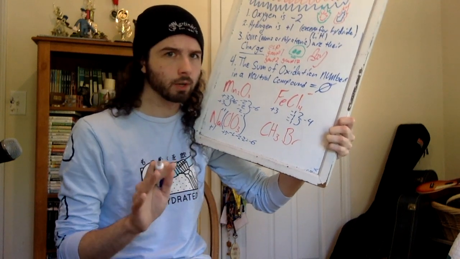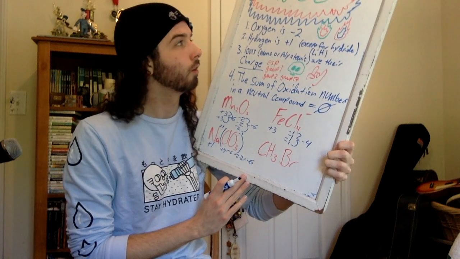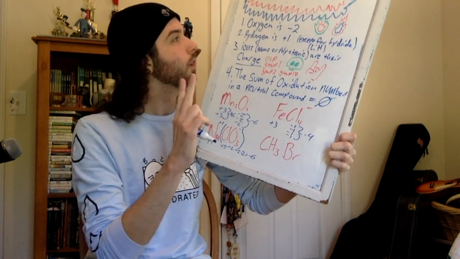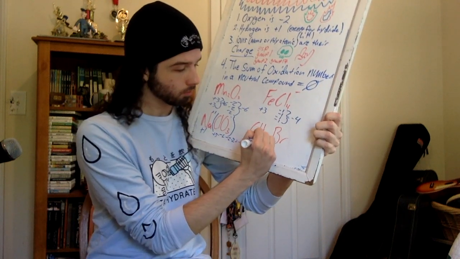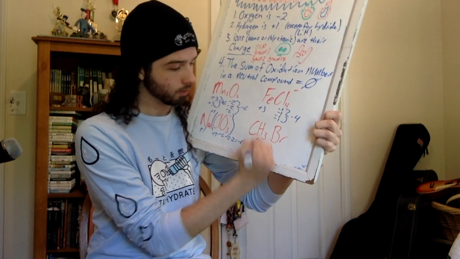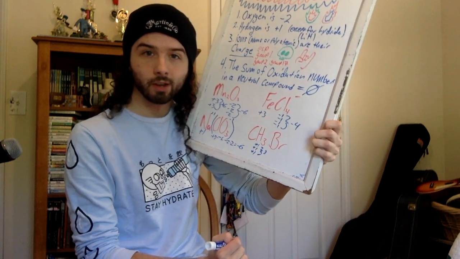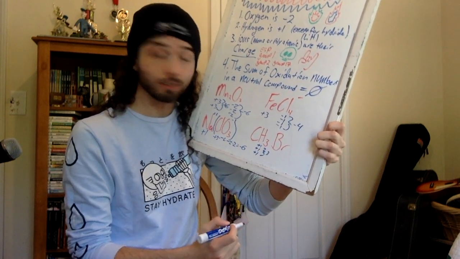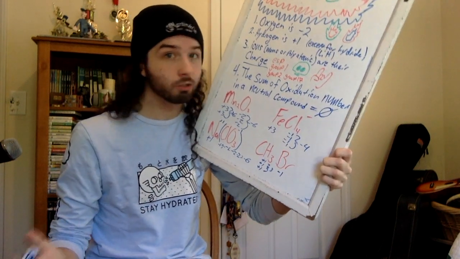Last one, CH3Br, a weird example. Let's see if we can figure it out. From our rules, we have 2 elements that we know. Let's start with our hydrogens. We have 3 hydrogens, so we get a +1, a +1, and a +1. All together, quick math, that's +3. What about our bromine? It's group 17, so its usual charge is -1.